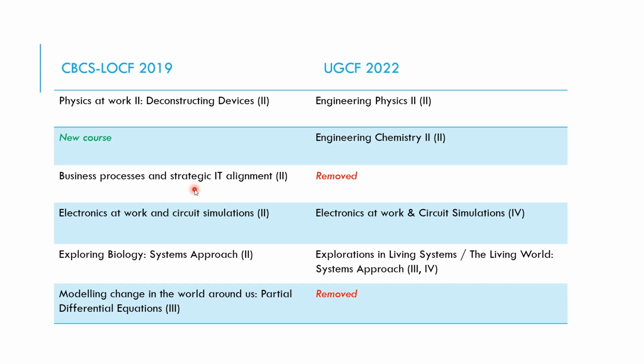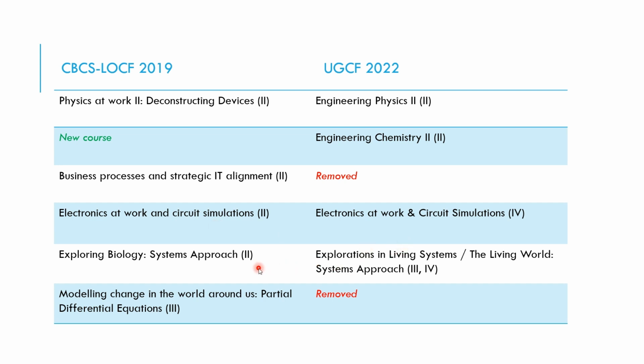Business Processes and Strategic IT Alignment, which has now been removed. We had Electronics at Work and Circuit Simulations in semester 2, which can be mapped to Electronics at Work and Circuit Simulations in semester 4. But earlier it was compulsory, now it is an elective, a difference.